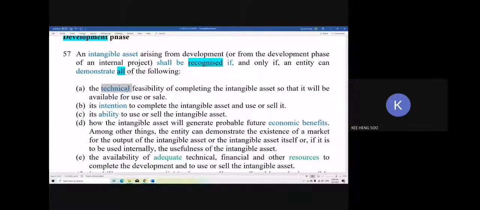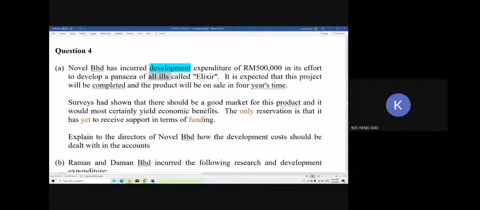And B, you got intention to produce the product and you want to sell it or use it. You got intention to complete it and the product is on sale. Do you see that? Criteria number 2 met already.